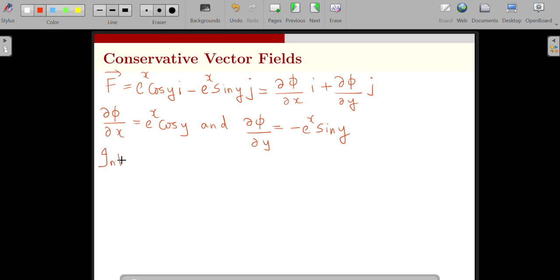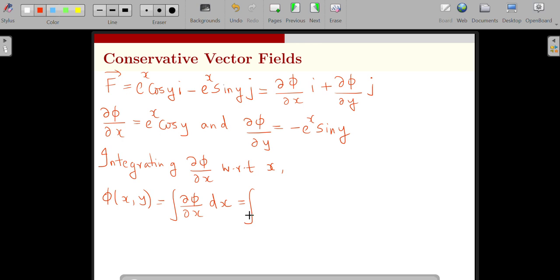So integrating ∂phi/∂x with respect to x, we actually get the output to be phi of (x, y), a scalar function. Phi of (x, y) is equal to the integral of ∂phi/∂x with respect to x. This is equal to the integral of e^x cos y dx. You take cos y outside, cos y into the integral of e^x dx.